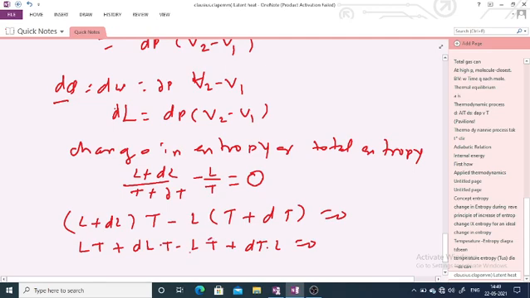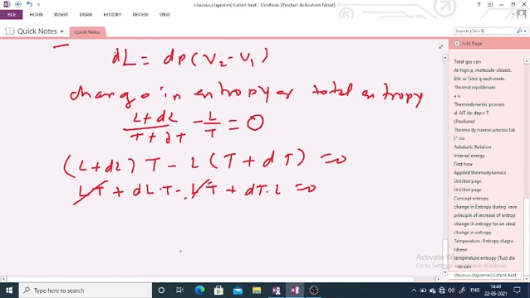So LT will cancel, and the remaining terms are dL times T minus dT times L equal to 0. Here there is a negative sign. Once again we write this.